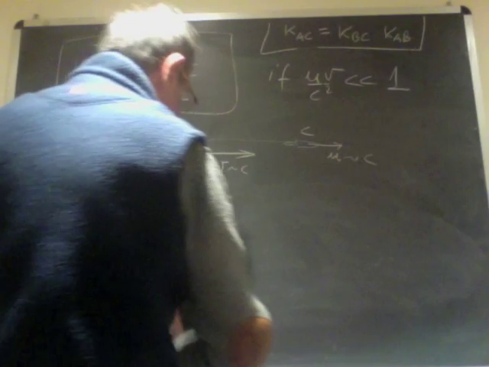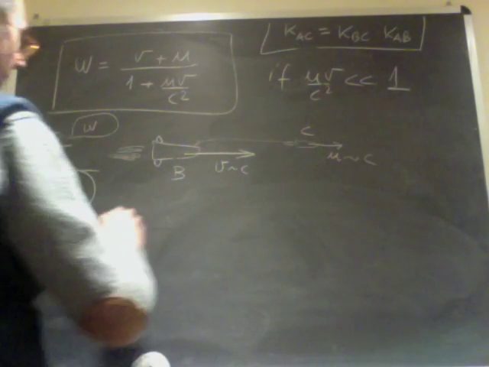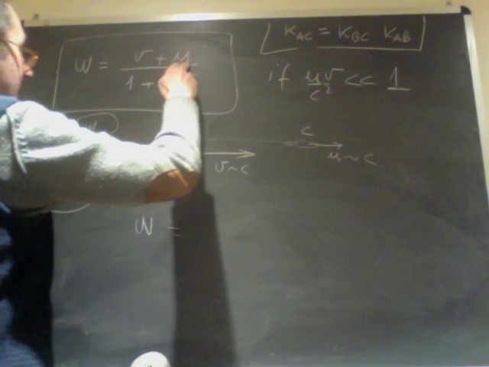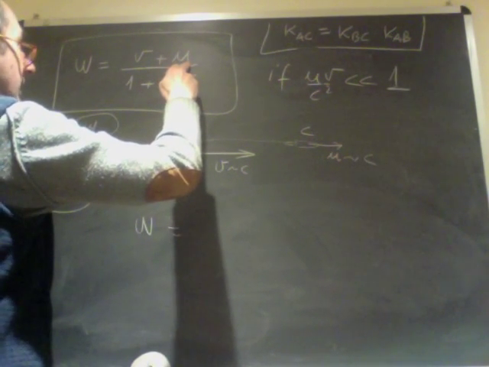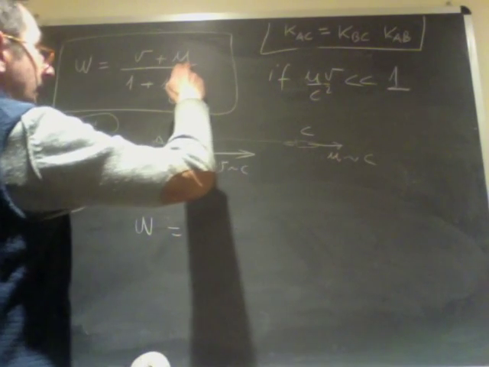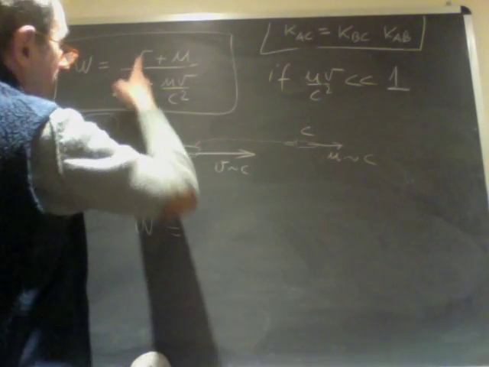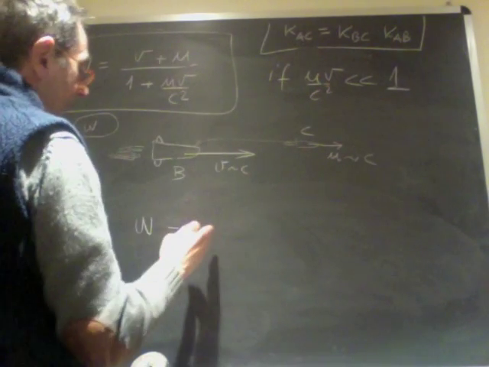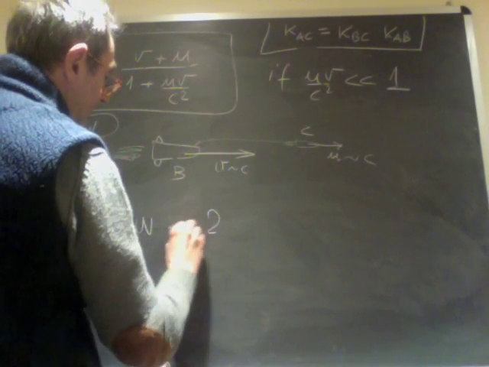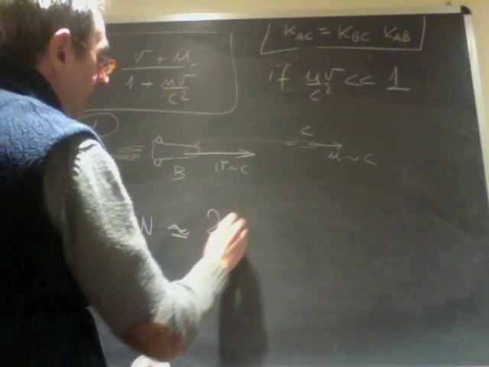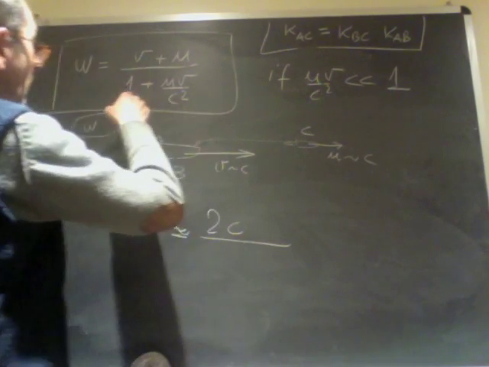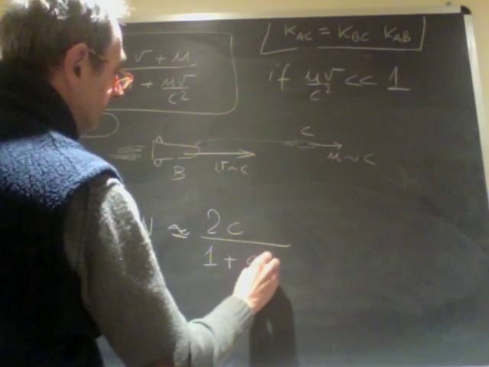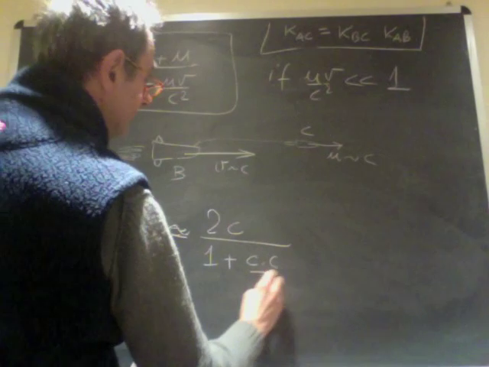Let's see what happens using our formula. W is equal to V plus U, which is about 2c, because we know that these are both traveling very near to the speed of light, divided by 1 plus c times c over c squared.